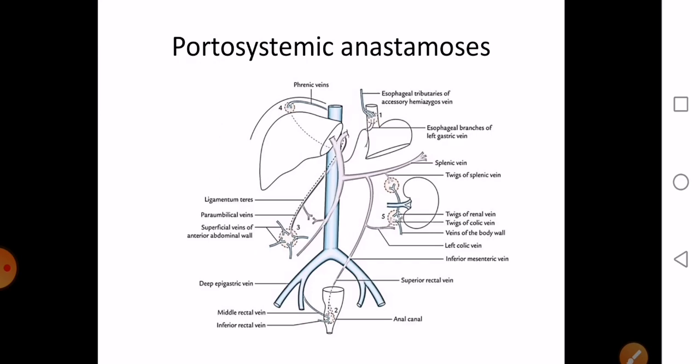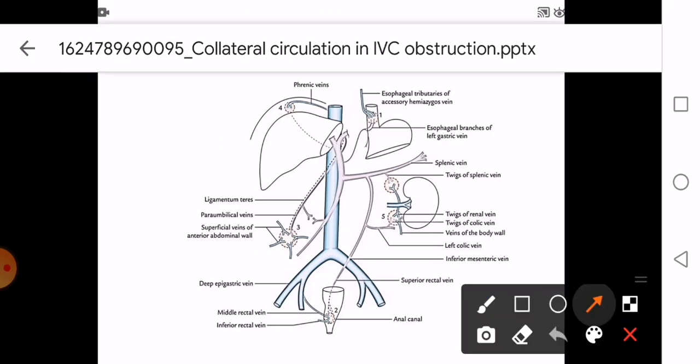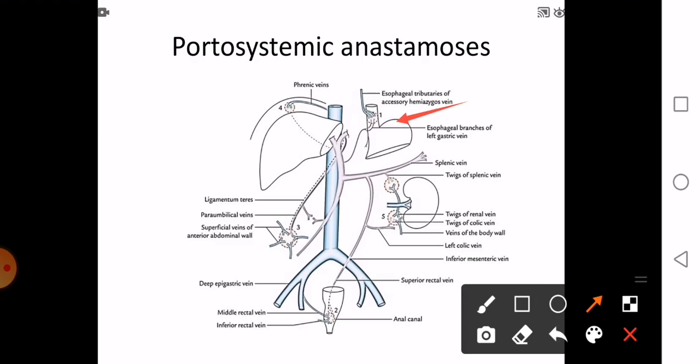These sites are called the sites of portosystemic anastomosis. The first one is at the lower end of the esophagus, between the esophageal tributaries of the accessory hemiazygos and the esophageal branches of the left gastric.